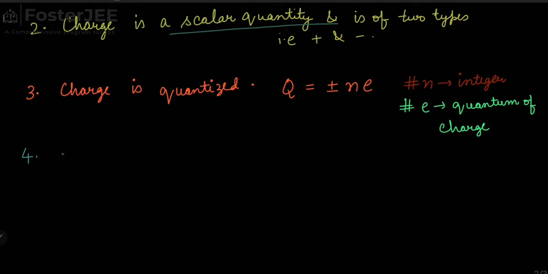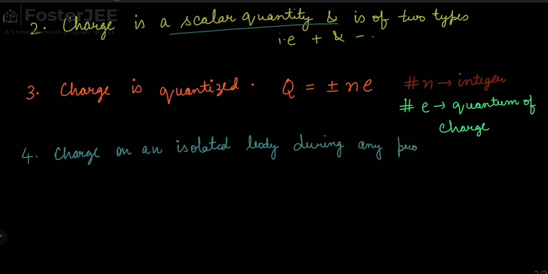The fourth point about charge is charge on an isolated body during any process is constant. We can also write this in another form, that charge cannot be created or destroyed.